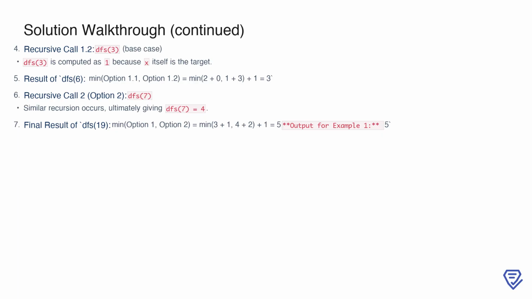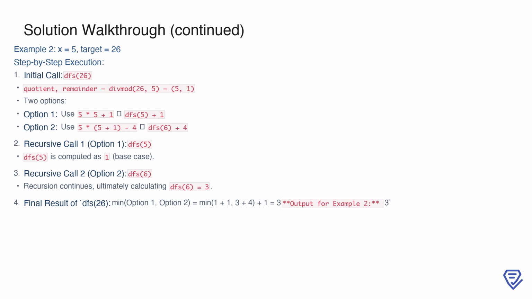Now, for the second main option from the initial call, we calculate DFS(7). Similar recursion occurs, and we determine that DFS(7) has a cost of 4. Finally, we compare the two main options for DFS(19) and compute min(option 1, option 2) equals min(3 + 1, 4 + 2) + 1. This results in a final output of 5 for the first example.